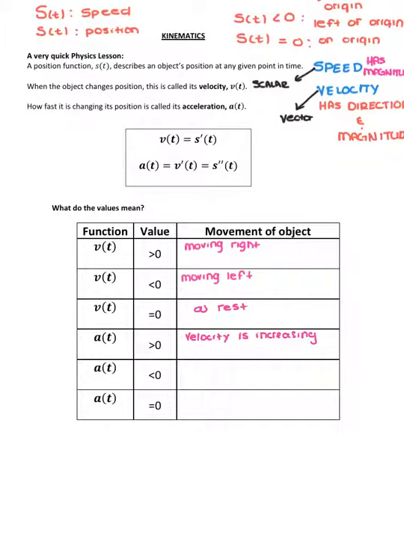So maybe we're going to the right 25 meters per second, and then 30 meters per second, and then 35, and then 40 meters per second. It's accelerating, right? Your velocity is increasing over time. That's what acceleration is. It says that your velocity is increasing, or when that value is negative, that your velocity is decreasing.